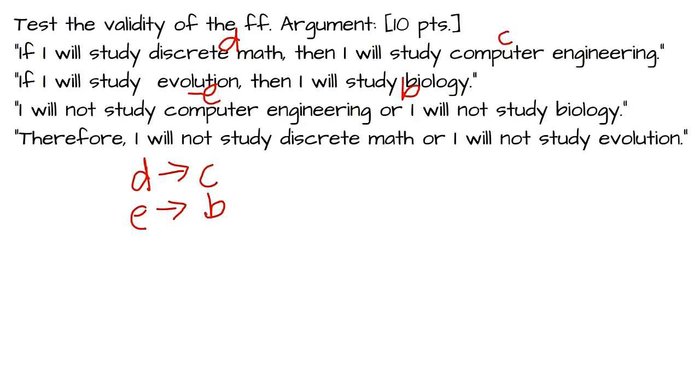I will not study computer engineering, so not of C, or I will not study biology, so not of B. So therefore, the conclusion is I will not study discrete math, or I will not study evolution.